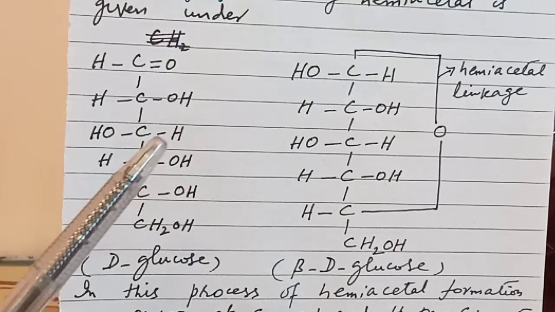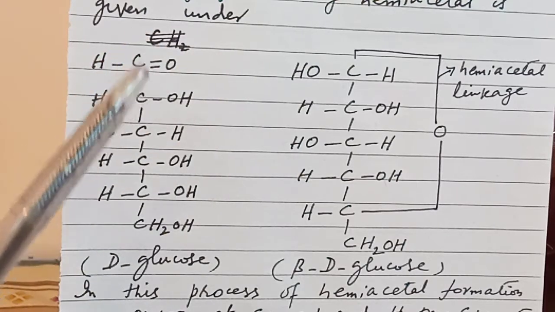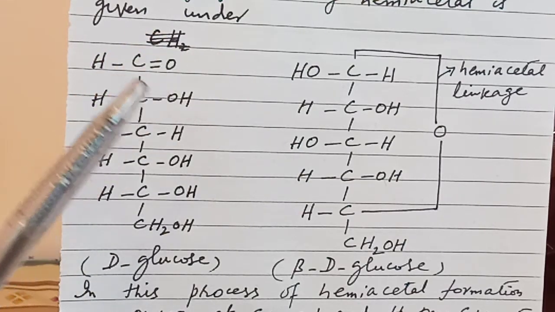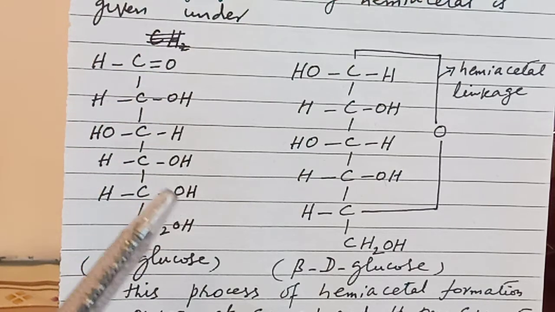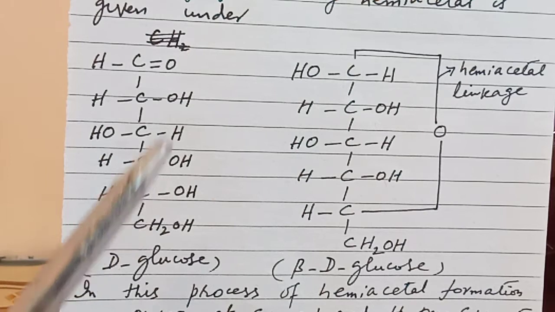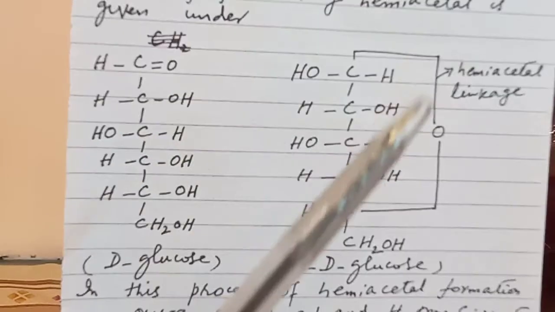Understand how this hemiacetal linkage is formed: between the carbonyl carbon and the oxygen of the alcoholic group on carbon 5. The next structure is here.